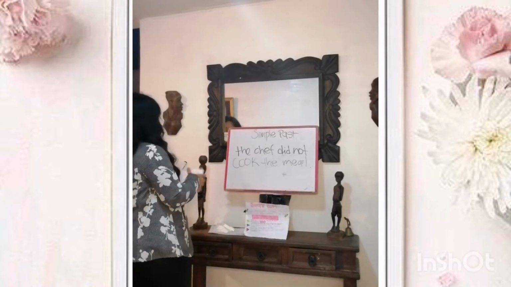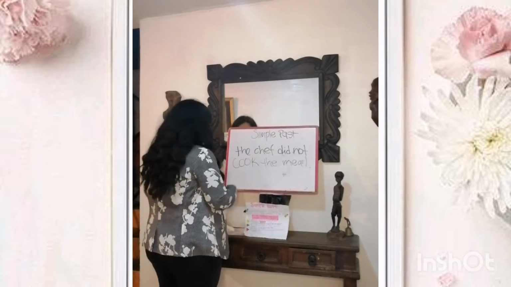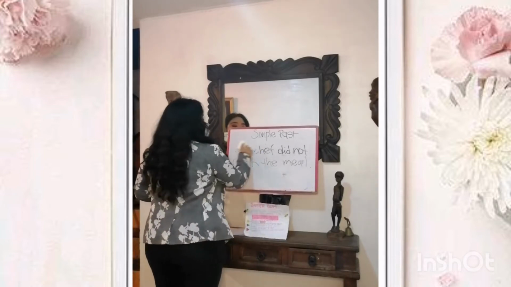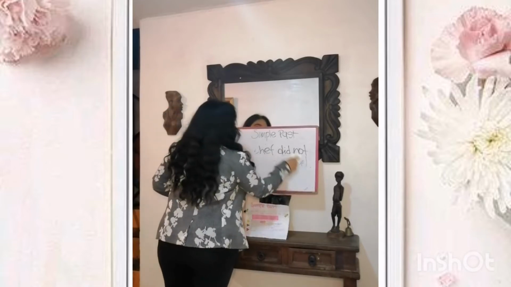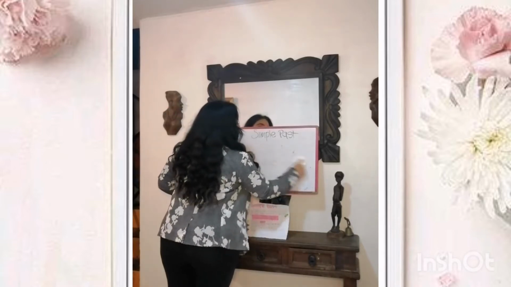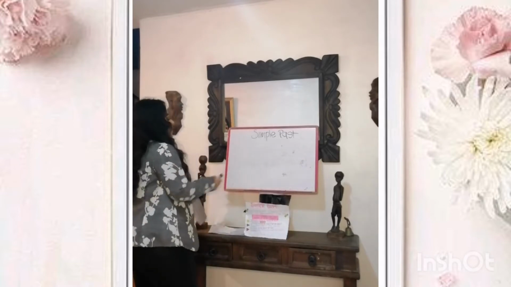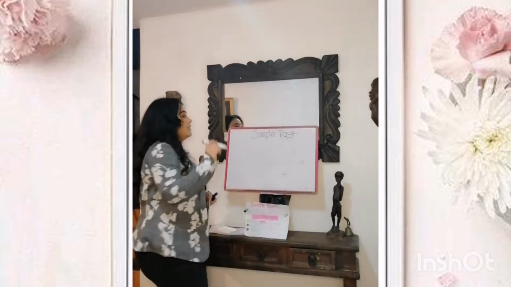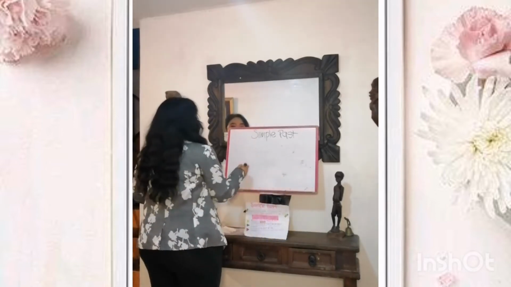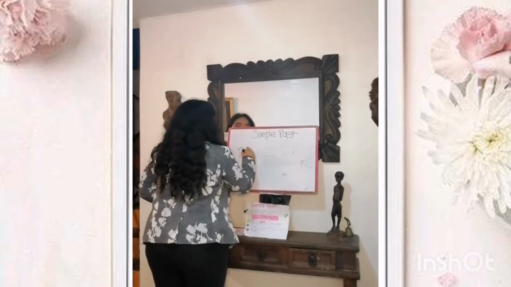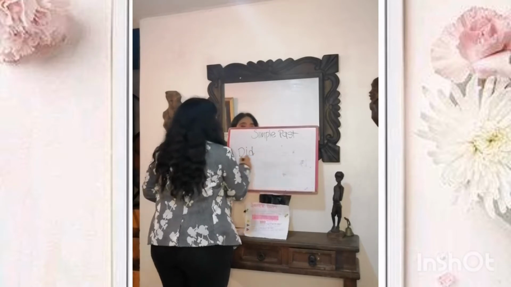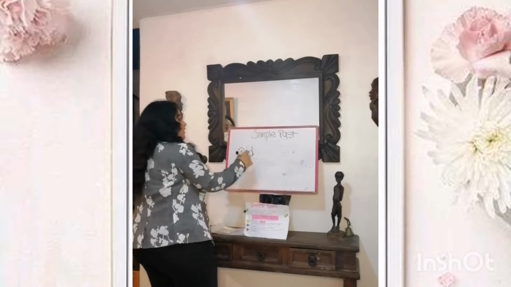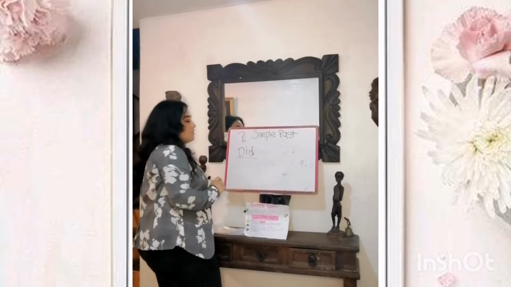Okay, so let me write down the interrogative sentence right now. With the interrogative sentence, we are going to add did. Did, this is going to be for interrogative questions.